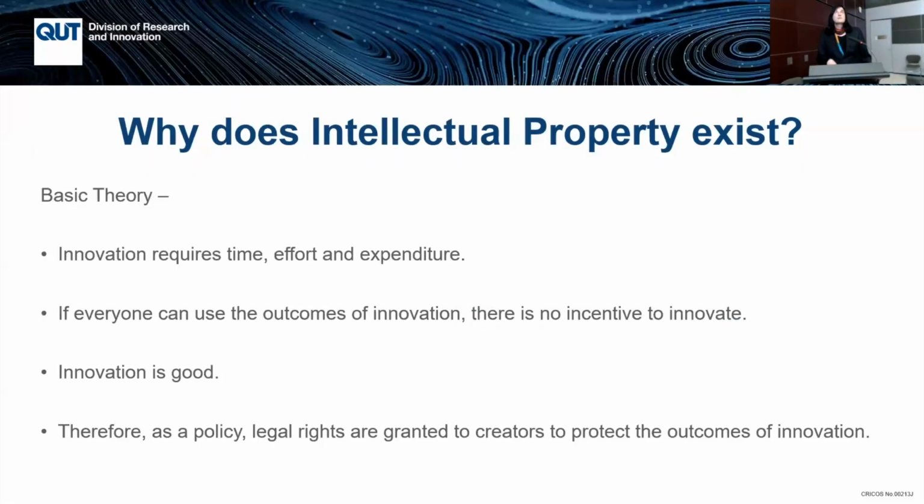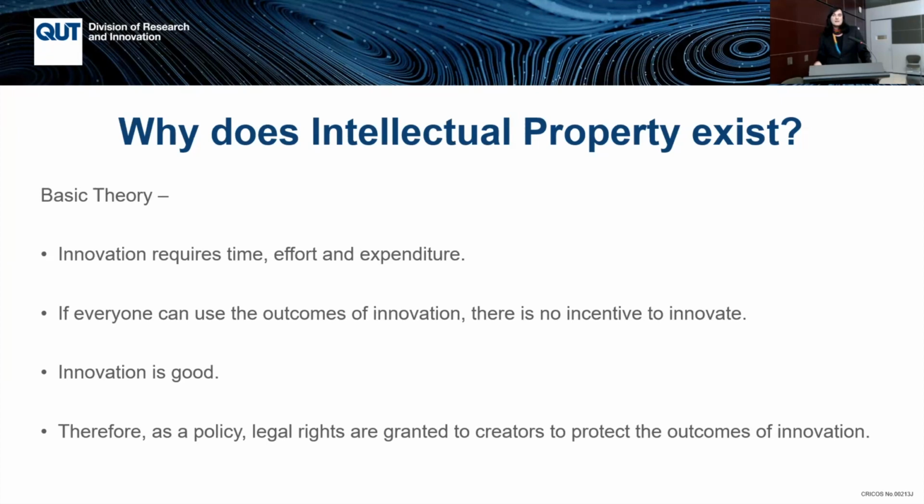The basic theory, though, is this. In order to innovate, in order to do new research, in order to develop new products, you have to put in time, effort, and you have to spend money. If everyone could use the results of that activity freely, then other people would. They might make those products better. They might put those products onto the market. They might defeat the original person who came up with the idea.